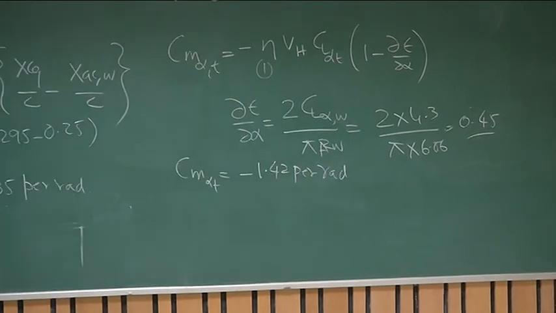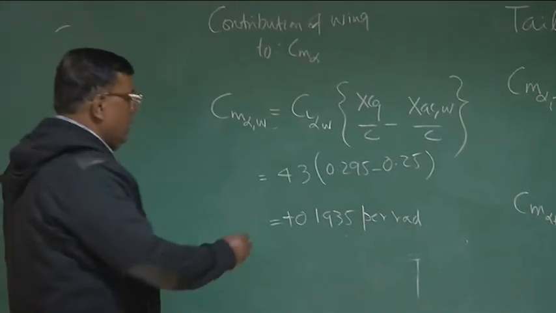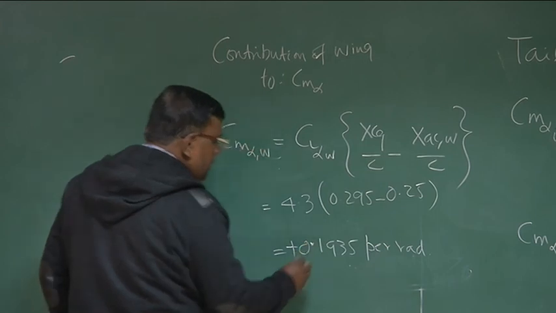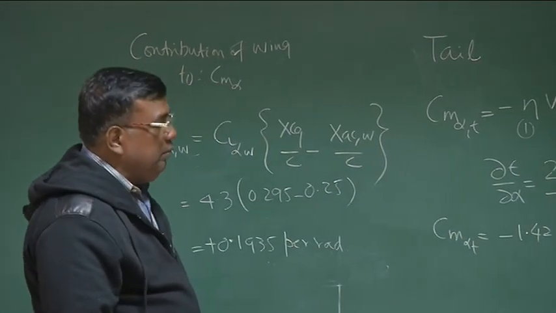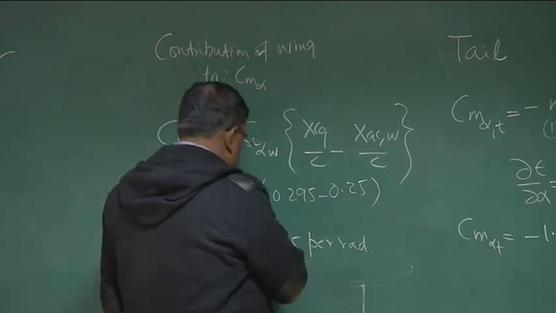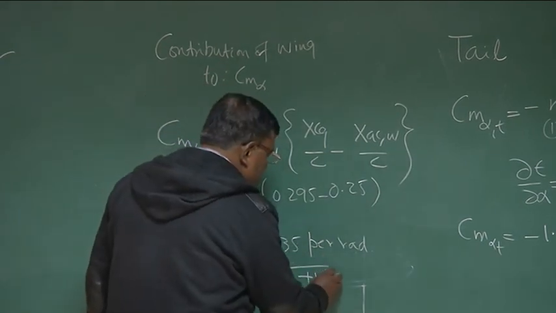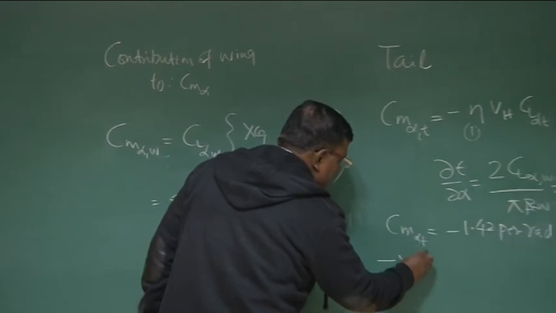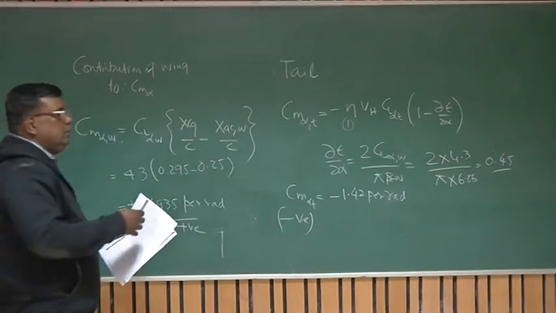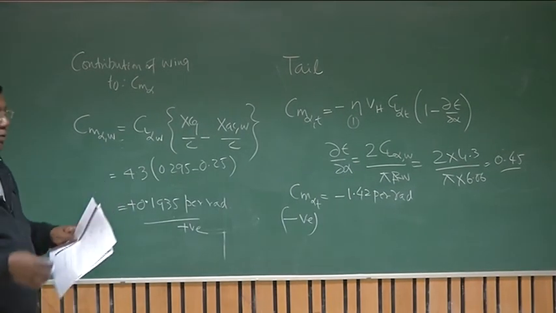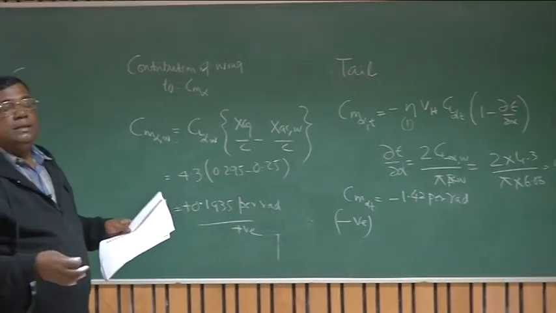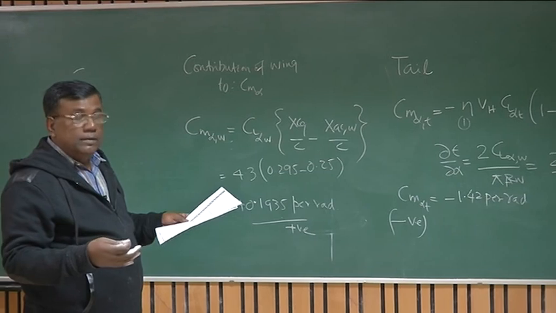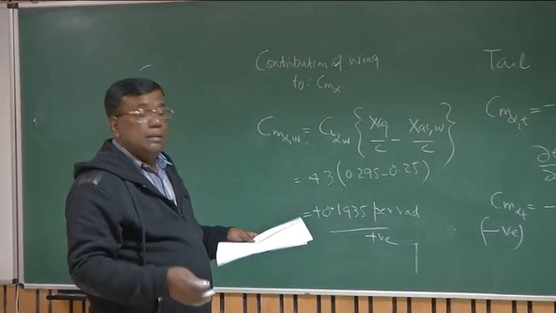Now I could see Cm alpha wing was plus 0.1935 per radian, and Cm alpha tail is minus 1.42 per radian. So this positive was destabilizing, this negative is stabilizing. So when they have a combined effect, the aircraft, because of wing and tail, has Cm alpha negative. That means it is statically stable, right?